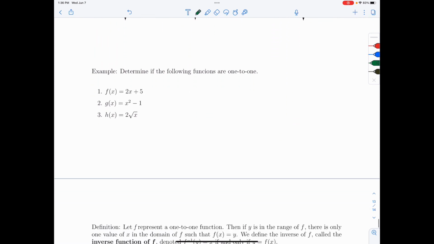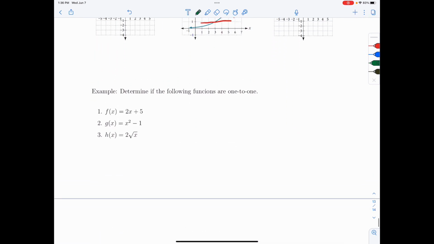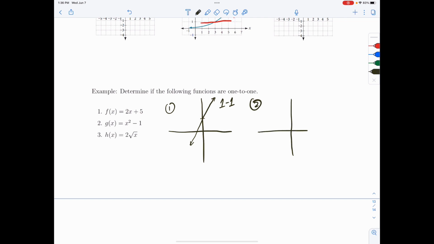All right, and then let's look at these algebraic examples. So I have three functions, and the quickest way to determine whether a function is one-to-one is by graphing it. 2x plus 5, that's just a line with a slope of 2 through the y-intercept of 5. Any line is a one-to-one function. The second function, x squared minus 1, well, that's a parabola that is shifted down 1 unit.